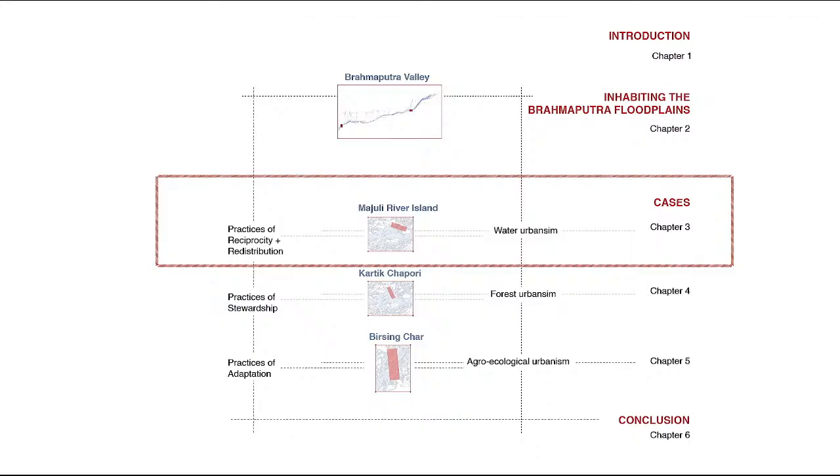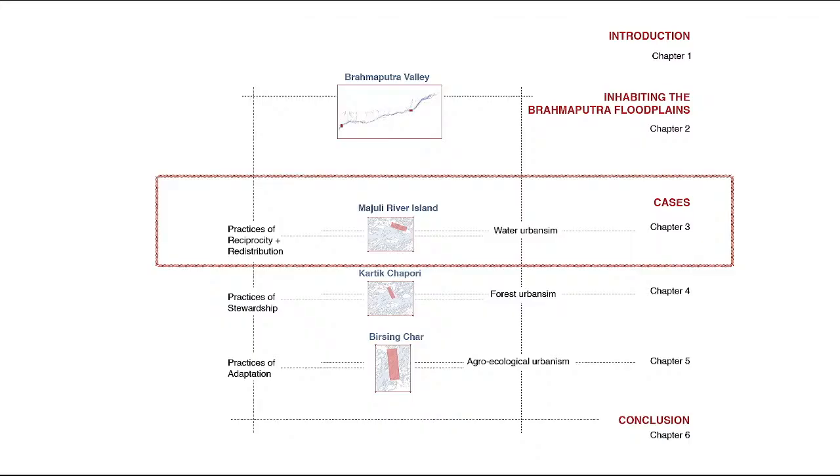And then I had 3 cases, as you can see. I had Majuli, which is more well known, and I will focus more on it today. I had the Kartik Sapori, where Mulaikatuni, the forest, is. And then this is the downstream, which is near the India-Bangladesh border.